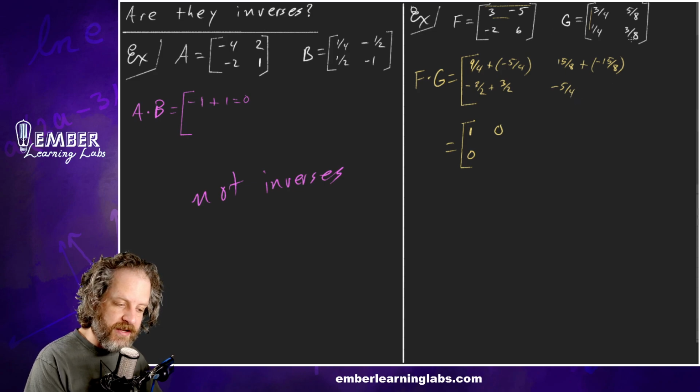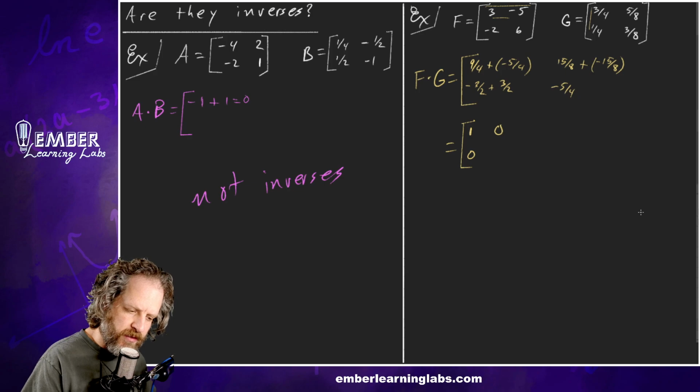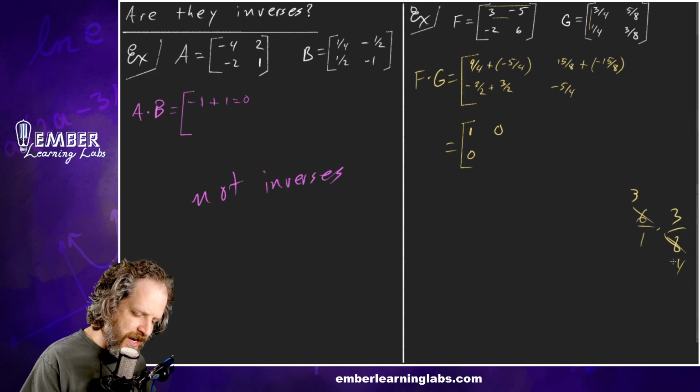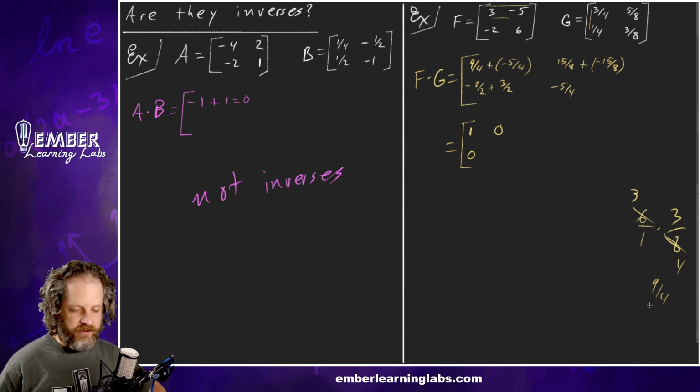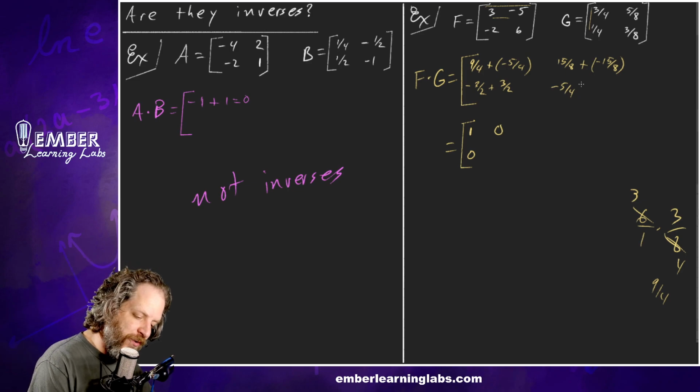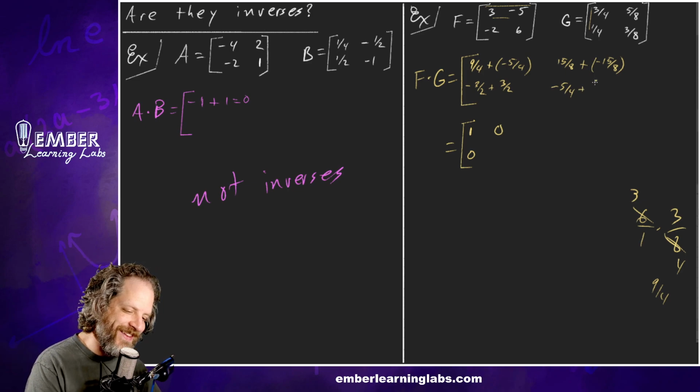And then 6 times 3/8, I'm having trouble hitting this in my head. So 6 over 1 times 3 over 8. This turns into 3, this turns into 4, and 3 times 3 is 9, so 9/4. Oh, yeah, it's great. I thought it wasn't working, but it is working. Plus 9/4, which is 1 as well.